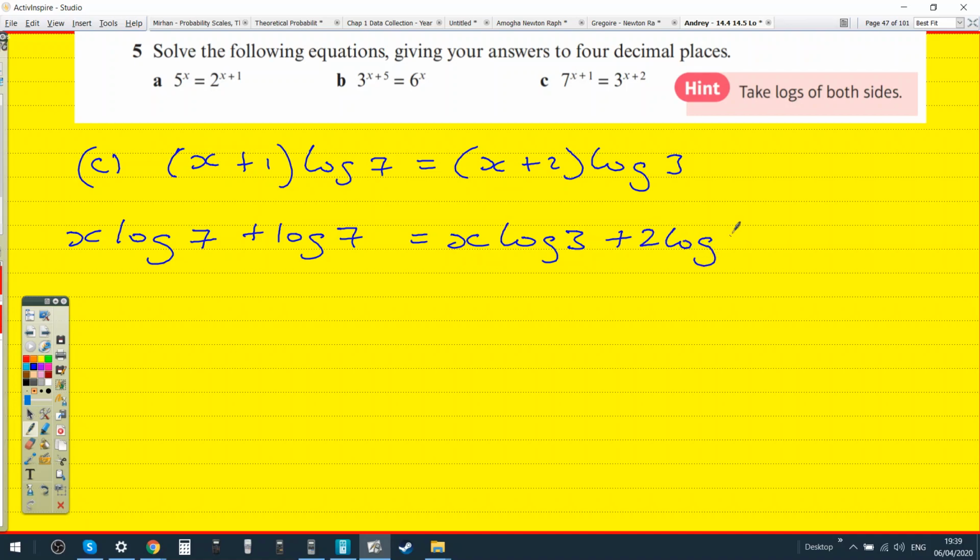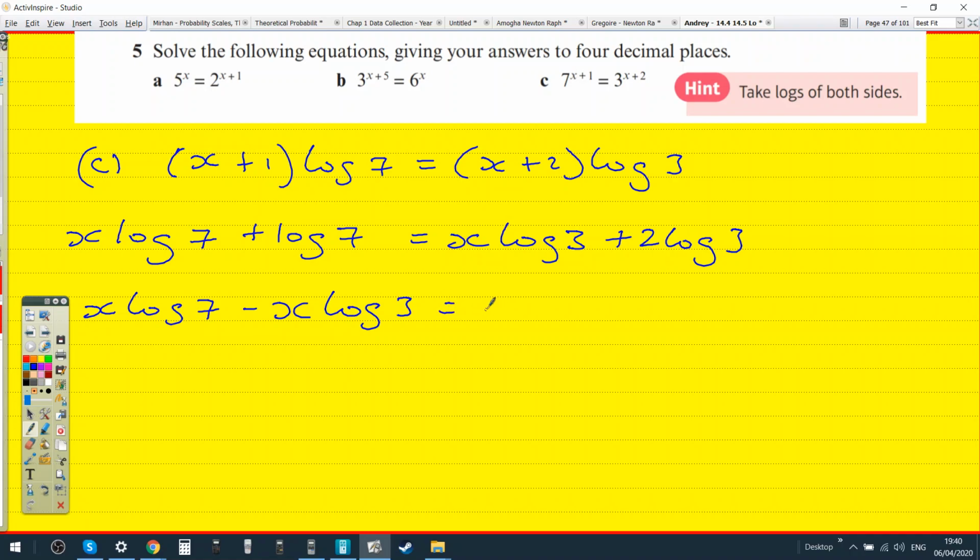And then I'll get the x's on one side and the numbers on the other, so it will be x log 7 minus x log 3 is equal to 2 log 3 minus log 7.